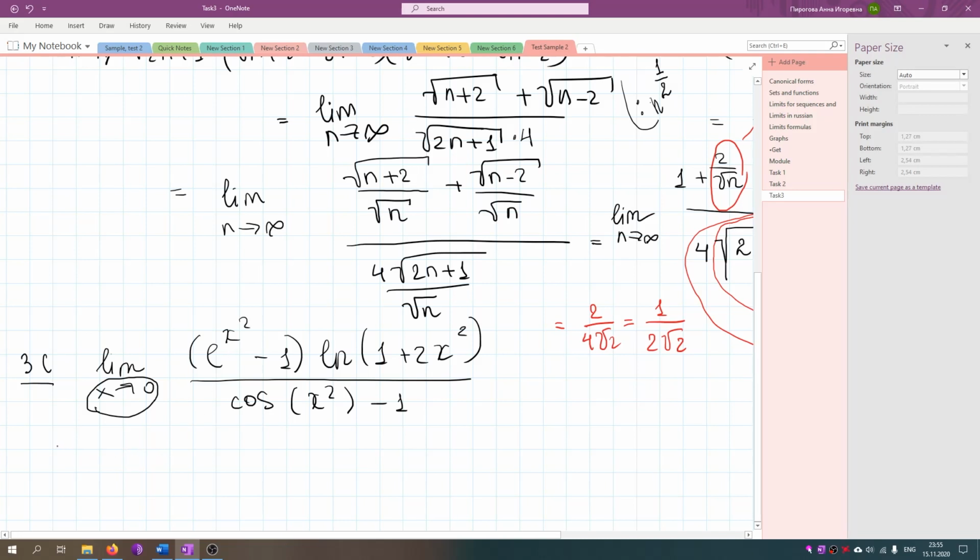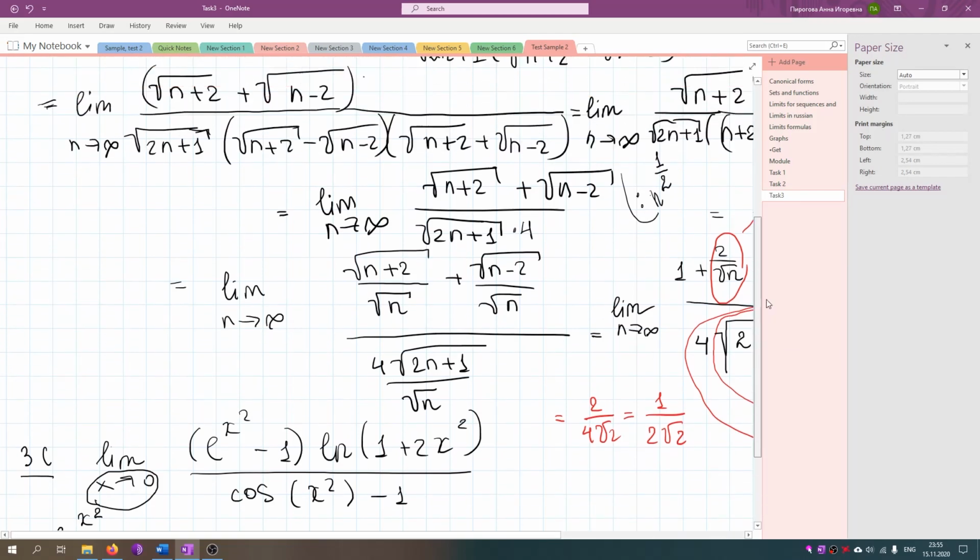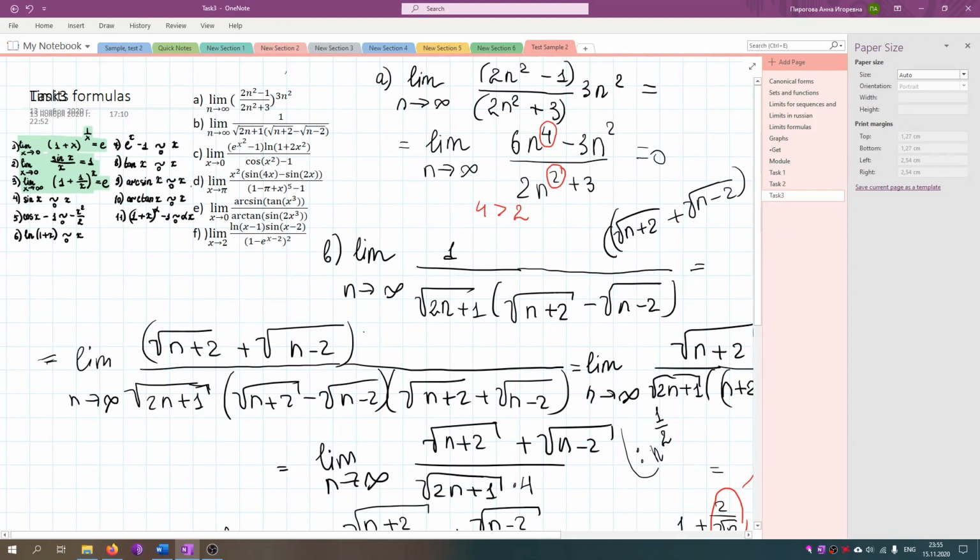e in the power of x squared minus 1. If we look at the formula, here it is in the 7th row, we see that this function is equivalent at 0 to the function x.